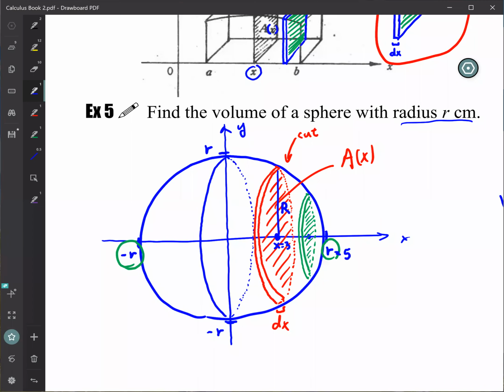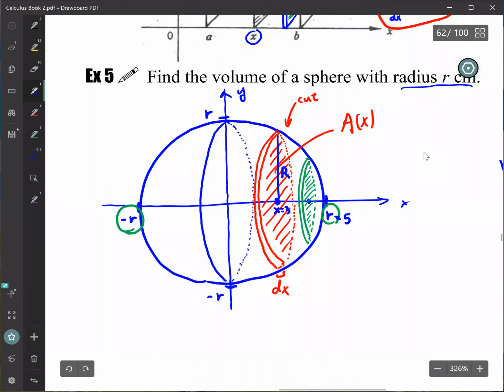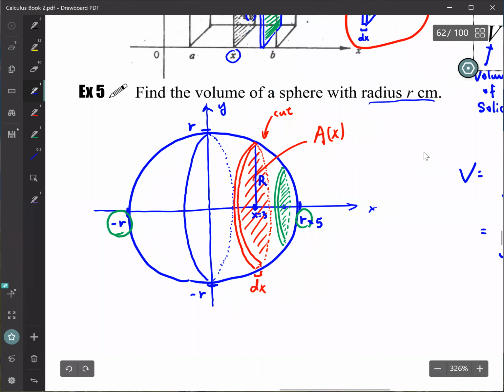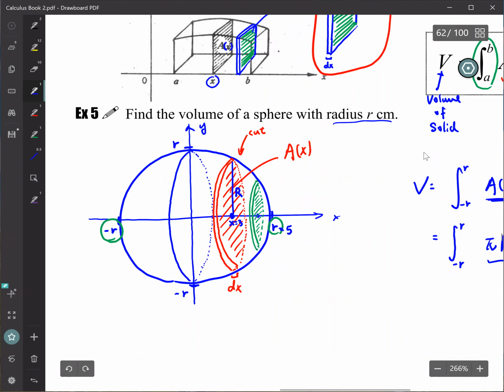Okay, sorry. I thought I knew where I was going with that, and then I realized I didn't. Okay, just think about it right now. We know the radius of the sphere is 5 centimeters, for example. And you are cutting the red part at x equals 3. X equals 3 is the same as saying the distance from the center origin to the center of the red circle is 3.